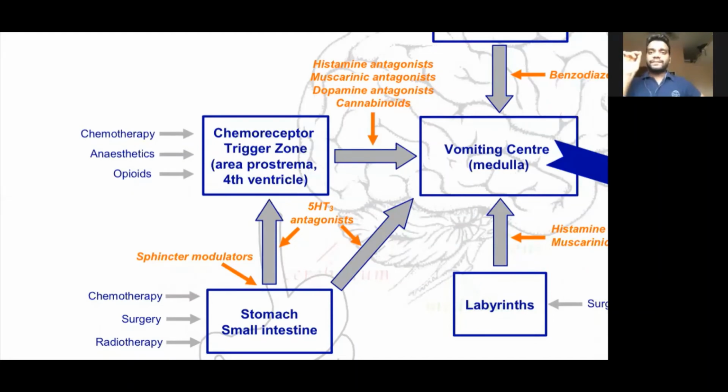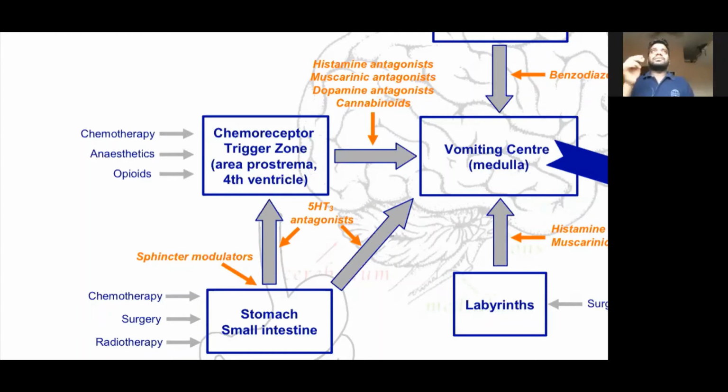So we have the fourth ventricle and the area postrema region. The area postrema is the only zone in the central nervous system where there is some kind of leakage, a region where sampling can be taken from the blood to the brain.